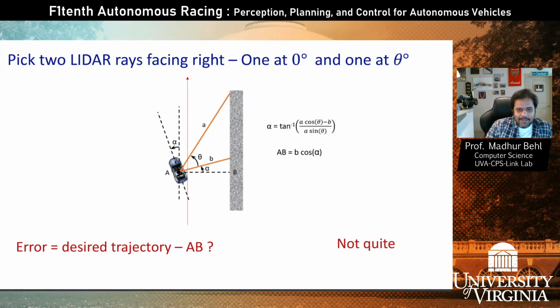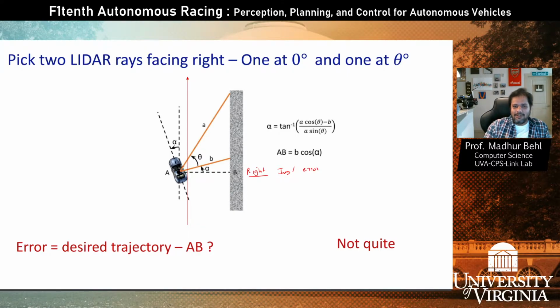Because AB is the distance to the wall right now. So when we compute this error, this is the instantaneous error of our desired trajectory minus our current distance from the wall. If we just fix this instantaneous error, we will always be chasing the true error, because it will take some time to fix this error, but in that time the error has already changed.